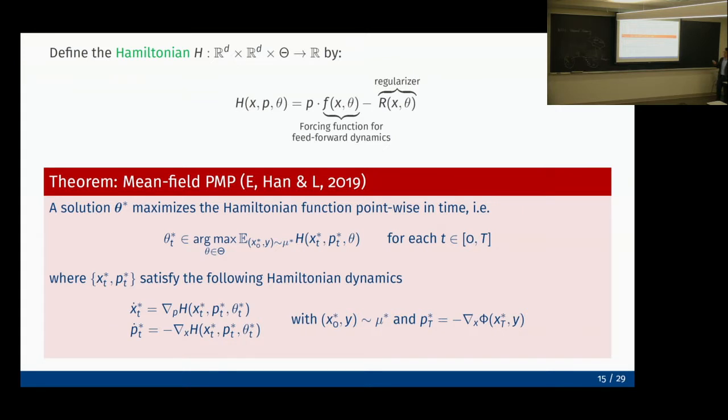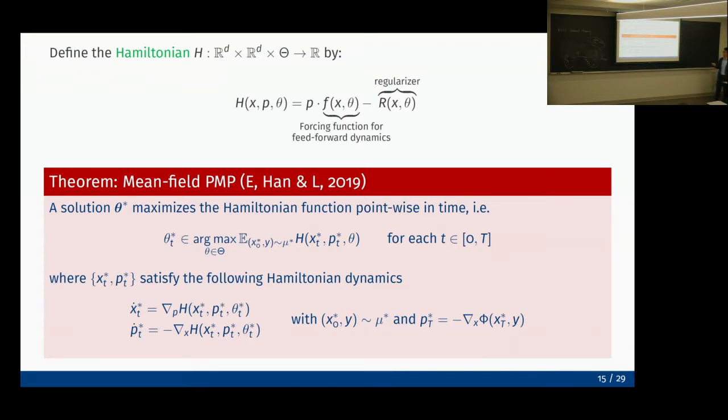Given this Hamiltonian function, we have the following result: this theta star, which is a solution of our learning problem, must maximize this Hamiltonian pointwise in time. It is the global maximum of this Hamiltonian function, not necessarily unique, at every single t, every single layer.